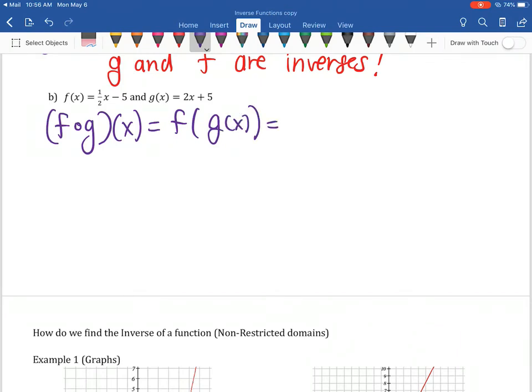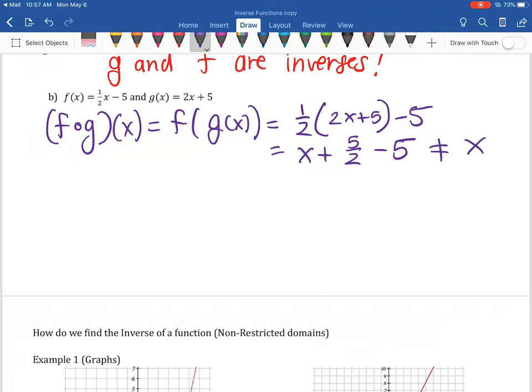So I'm going to take 2x plus 5 and plug it into 1/2 x minus 5. When I distribute the 1/2, that gives me x plus 5/2 minus 5.